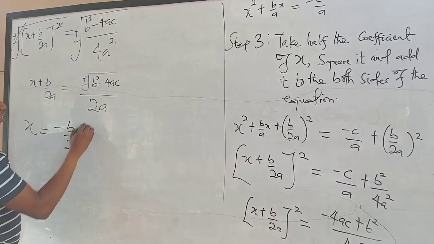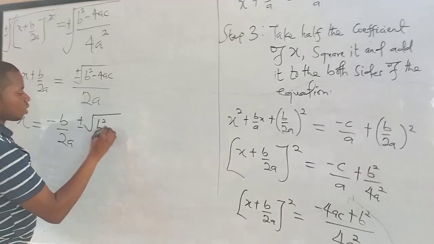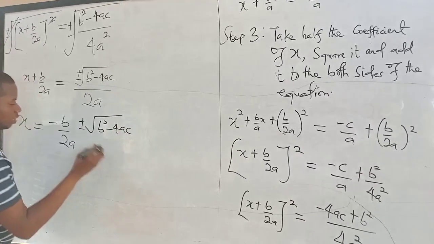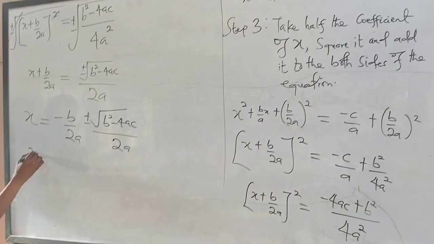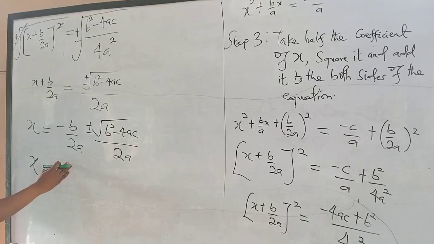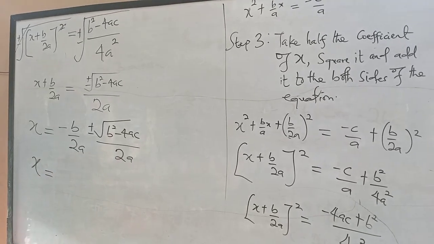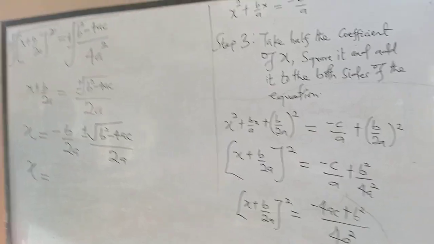What do I have here? Plus or minus the square root of b squared minus 4ac all over 2a. So I'm going to have further that x is equal to, I take the LCM of both fractions.